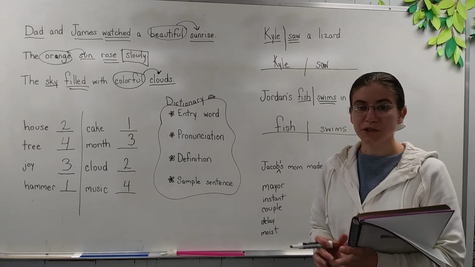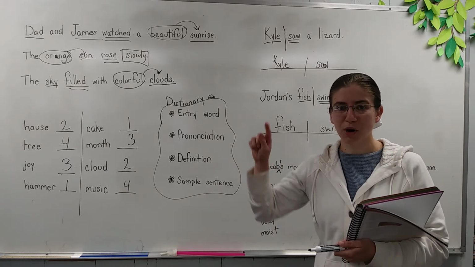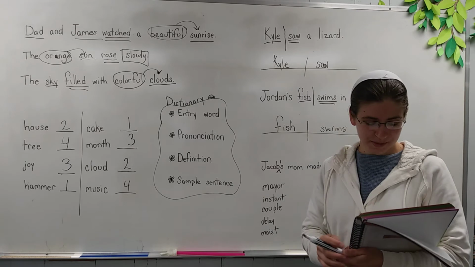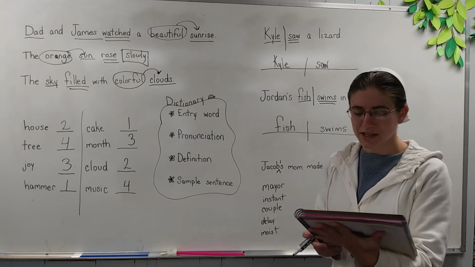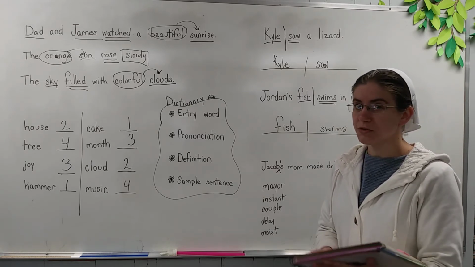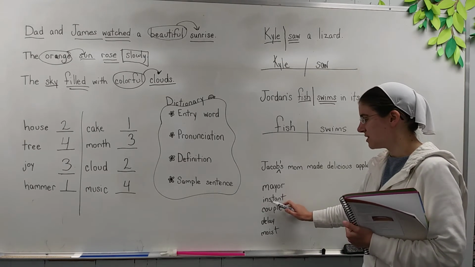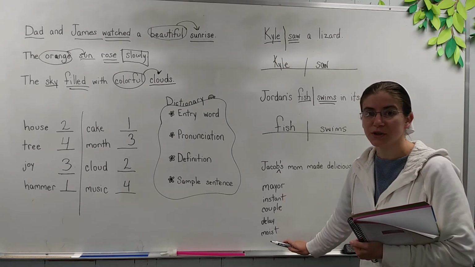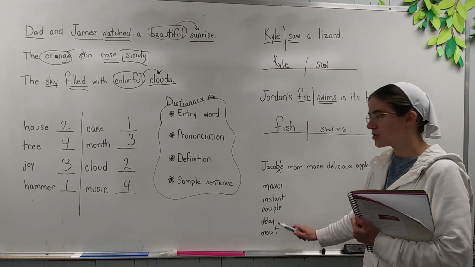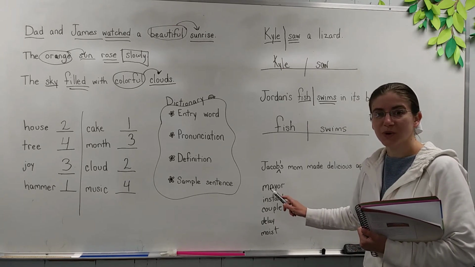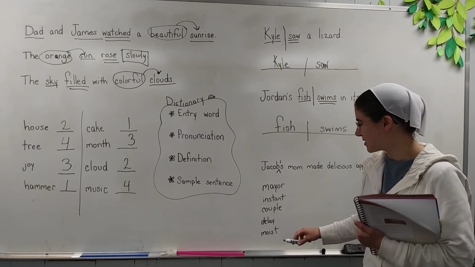So our first question, the one by that first paw print on the page, says, which of these entries would you find first? Which of these words, these entry words, would you find first in the dictionary? So we need to see which one comes first in ABC order.